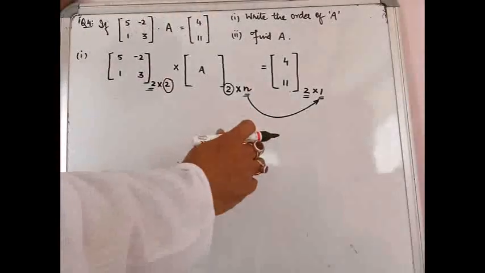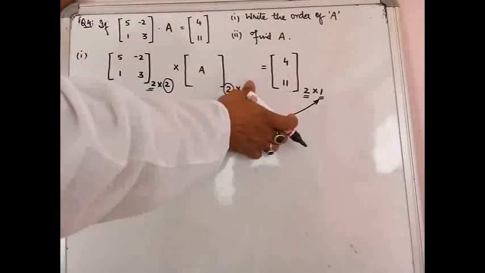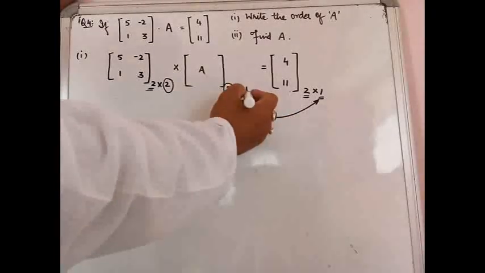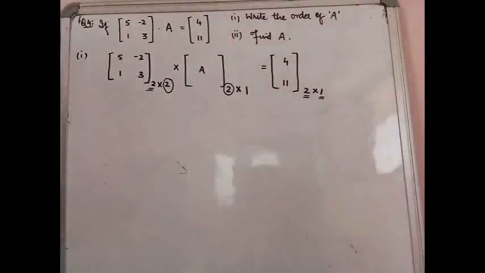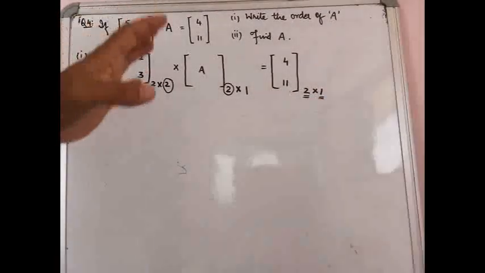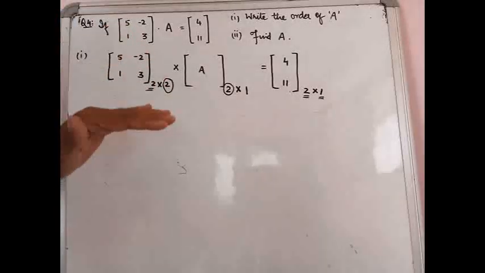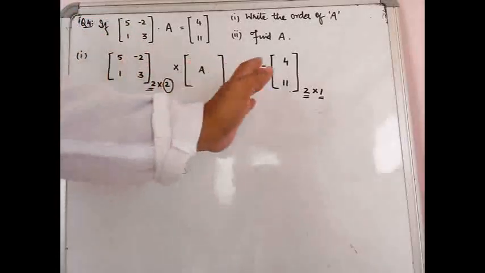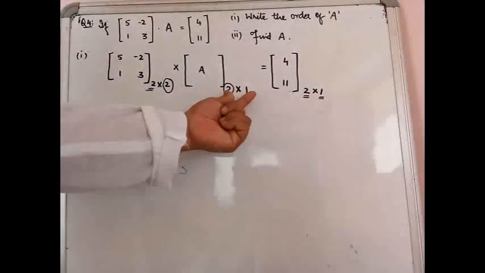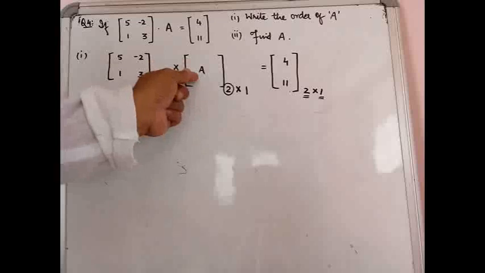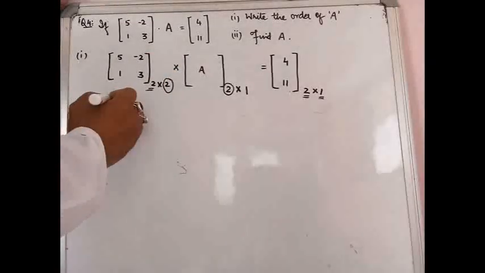So now I can easily remove this n and write 1 over here. So without doing anything, just looking and recalling the rules of matrix multiplication that we had discussed, we have come to know the order of matrix A. So the order of matrix A will be 2 by 1.